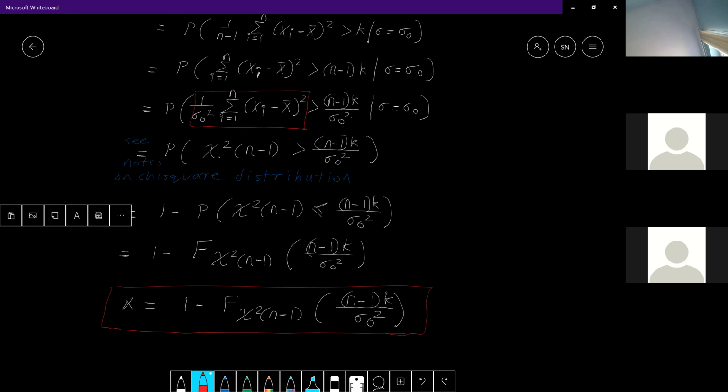The 1 over sigma squared times the sum of xi minus x bar squared has a chi-square distribution with n minus 1 degrees of freedom. That's a fact if xi follow a normal distribution, which is the case here. It's only true if xi follow the normal distribution.